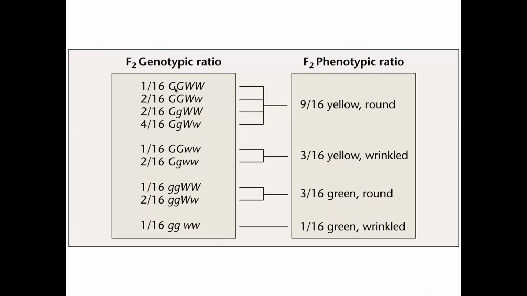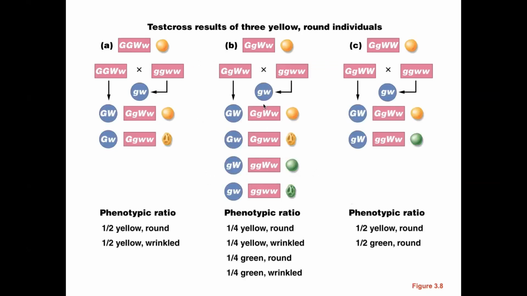So you can go back here and do the same for this genotype. Now, what if you're heterozygous for G, but homozygous dominant for W, homozygous for round? Well, here's the test cross over here, and again, here's the Punnett square that predicts the outcome. In this case, what you would expect to see is no segregation for seed shape, so all of the seeds are round.